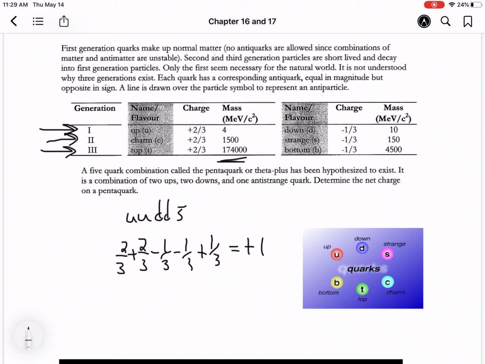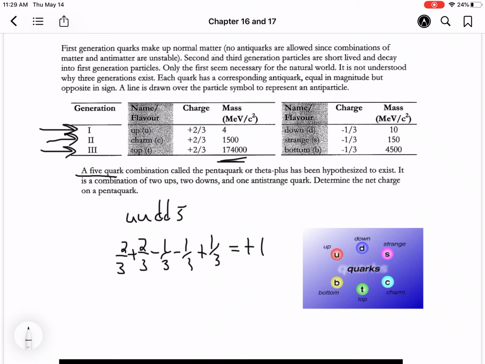So that's the idea: quarks make up hadrons, and most matter is protons and neutrons, which is ups and downs only. Anything beyond that is going to destroy itself or destroy something else because of its large mass. They can be 2 quarks, but generally they're going to stick with 3.